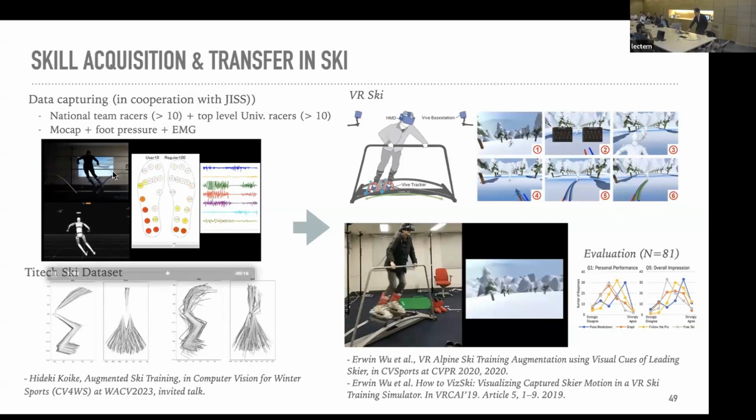So we are using this big ski simulator to capture the motion of expert skiers who are national team members, World Cup racers, or Olympians in Japan. We capture their motions as well as foot pressures and EMG signals, make a database, and compare those between each athlete.